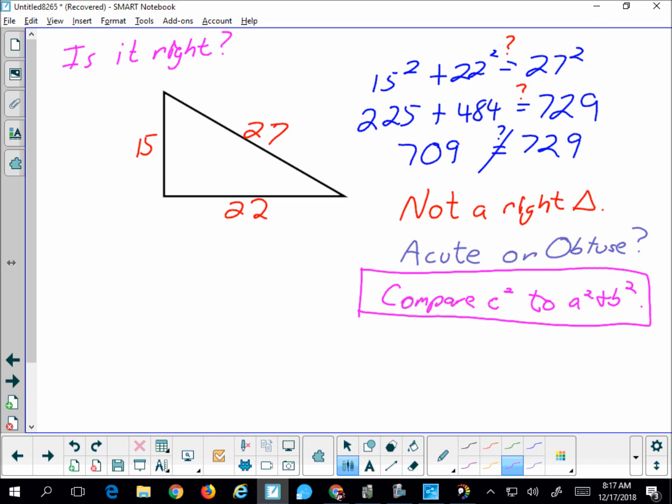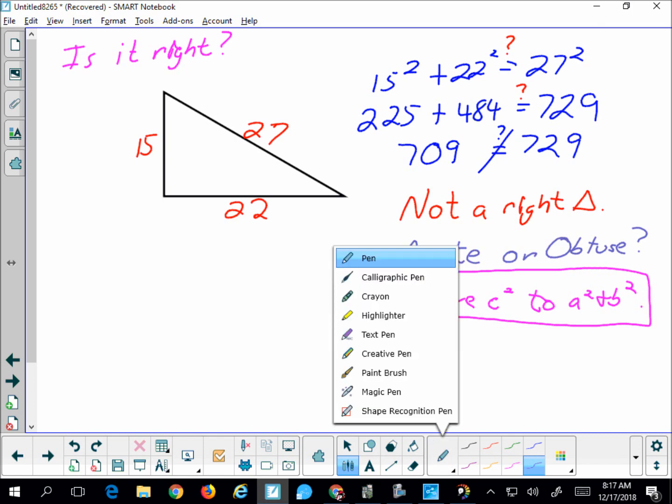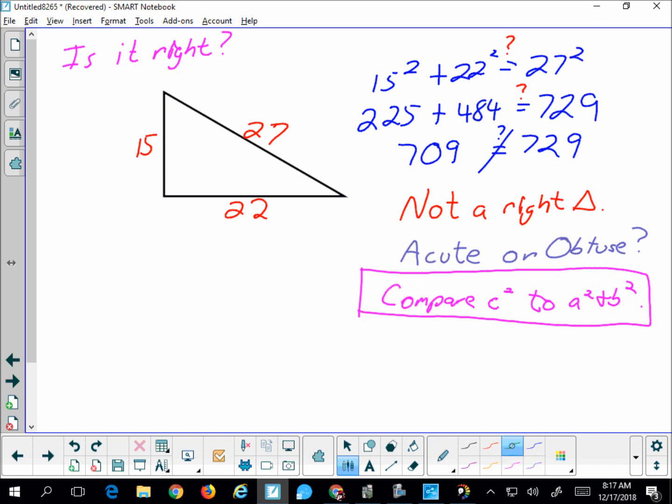Is it more than or is it less than? So look at this side here. How does that compare to this side? It's bigger. Okay, so c squared is bigger than a squared plus b squared.